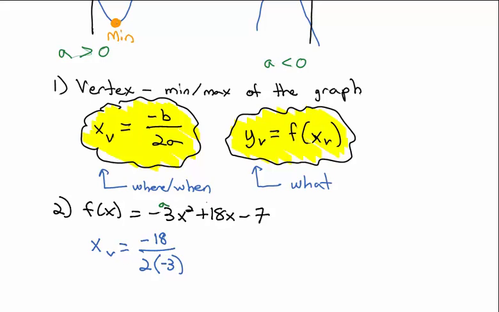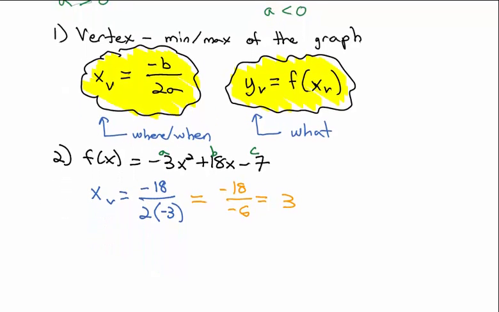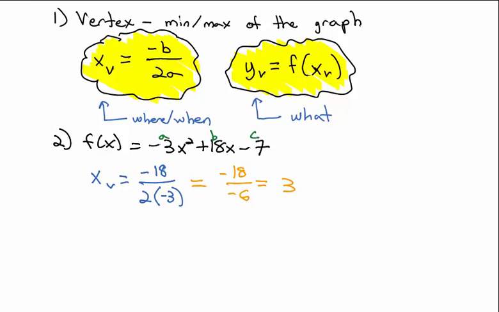Again, we get our a, b, c, just like the quadratic formula, in front of x squared, x, and the constant, respectively. And so if we simplify this, we get negative 18 over negative 6, which is simply 3. The vertex occurs when x is equal to 3.